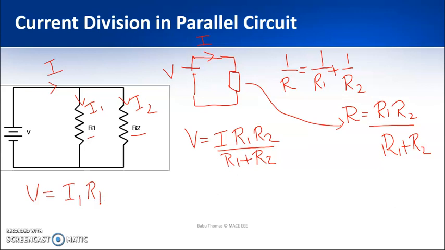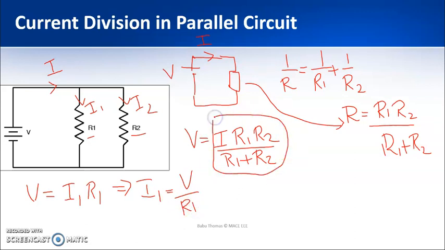Now it implies I1 is equal to V divided by R1. We already have V is nothing but I into R1 R2 divided by R1 plus R2. So therefore this can be written as I into R2 divided by R1 plus R2.